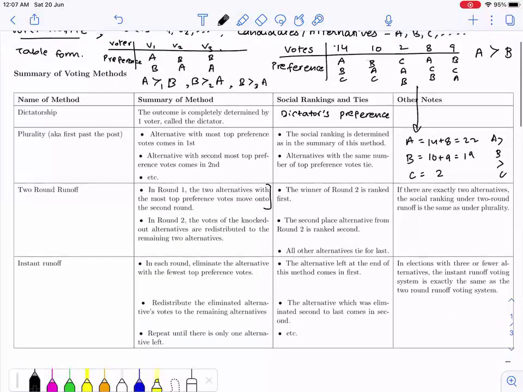So in this example here, A and B were the top 2. Okay, and then these move on to round 2. In the second round, you eliminate all other alternatives except for the top 2 alternatives. So C is eliminated.